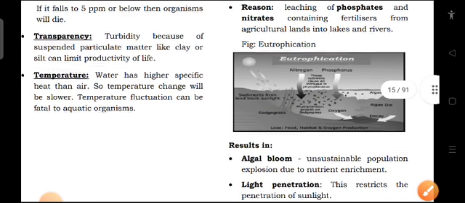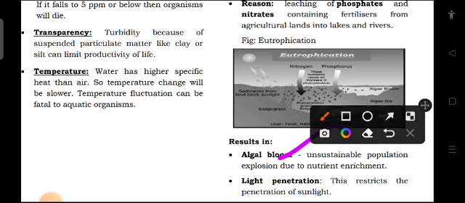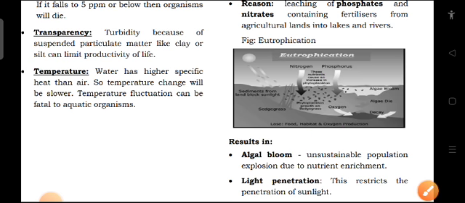Now, what will happen? This will result in algal bloom, that is, an unsustainable population explosion due to nutrient enrichment. Because of excess nutrients like phosphate and nitrogen, it will block the lake itself with algal bloom. Then light penetration will be restricted too.